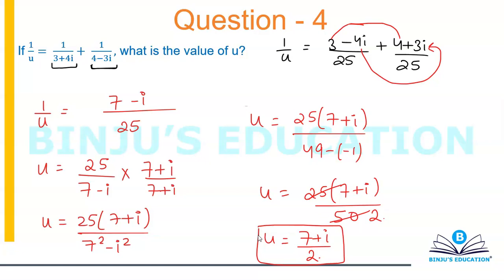And this is your answer. So it's 7 by 2 plus iota into 1 by 2, or you can write 3.5 plus iota into 0.5. The real part is 3.5, imaginary part is 0.5. That's your answer.